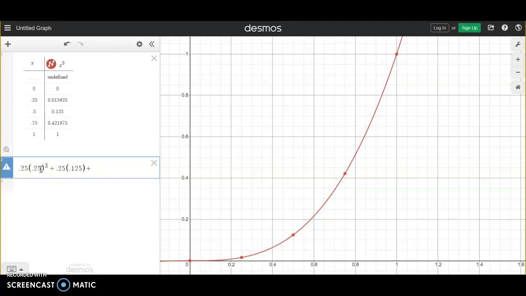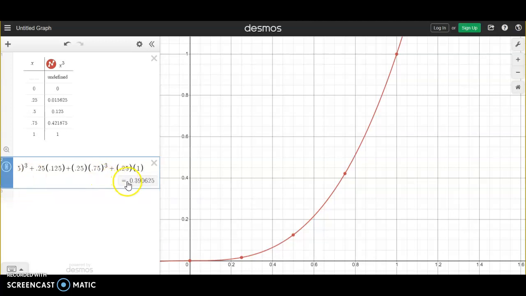Plus 0.25 is our delta x, times 0.75 cubed. Sorry if I said squared earlier. And then once more, in this case we use the f of x at 1 because we're doing the right-hand endpoints. So we get 0.25 times 1.